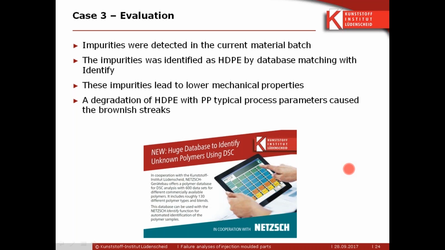This mixture will lead to lower mechanical properties and might also lead to the brownish streaks, since if you process PE with PP typical process parameters, this might cause a degradation of the material and hence these brownish streaks.